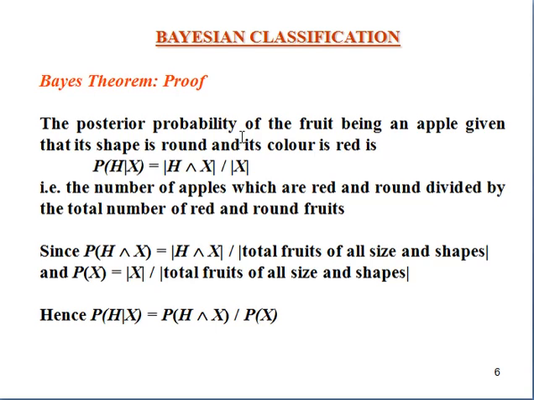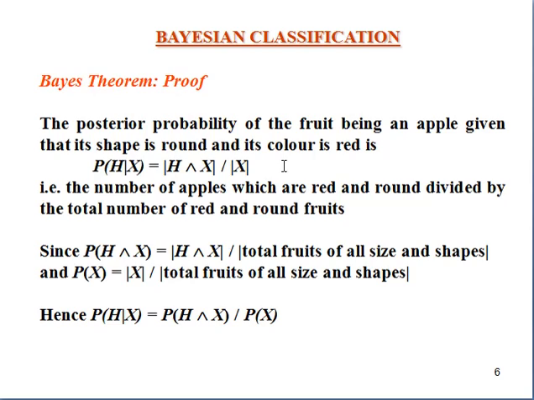Now let's have a quick look at the proof of Bayes theorem, which I hope many of you already know. The posterior probability of the fruit being an apple, given that its shape is round and its color is red, can be represented by the probability of h given x, which is h and x divided by x.